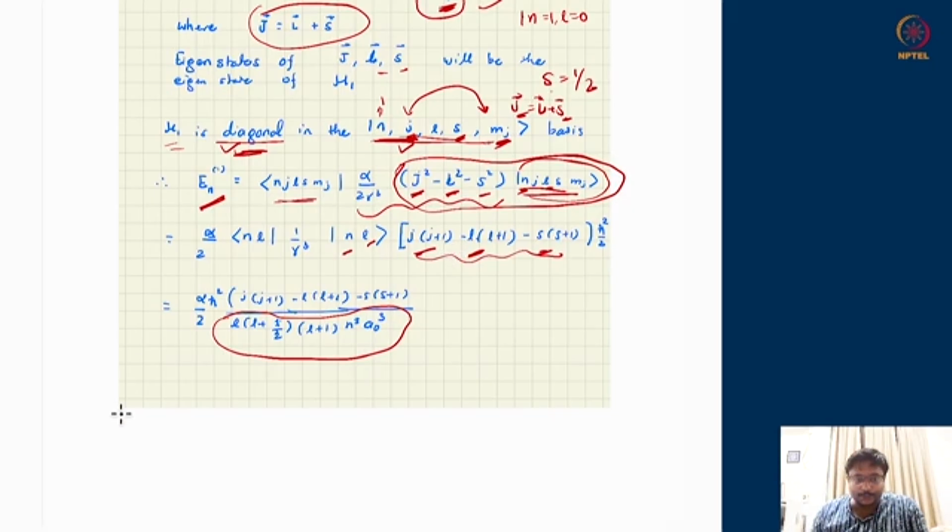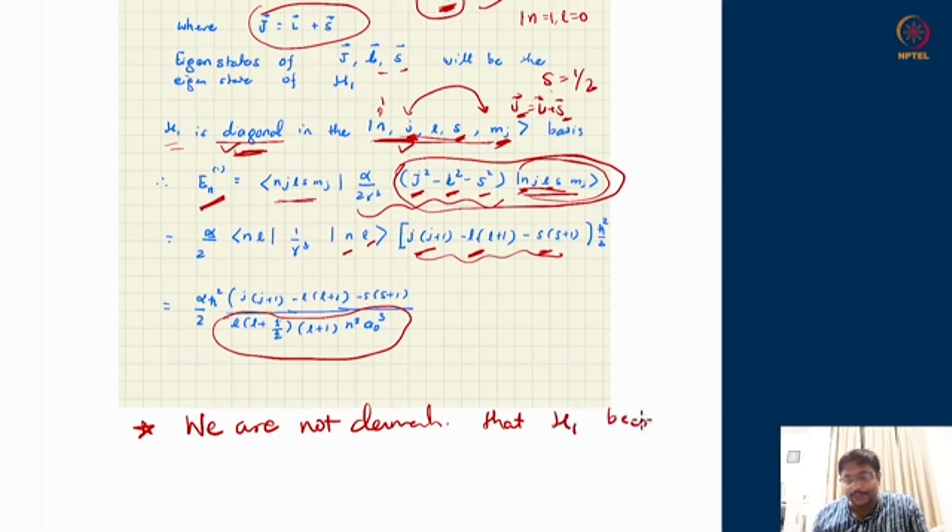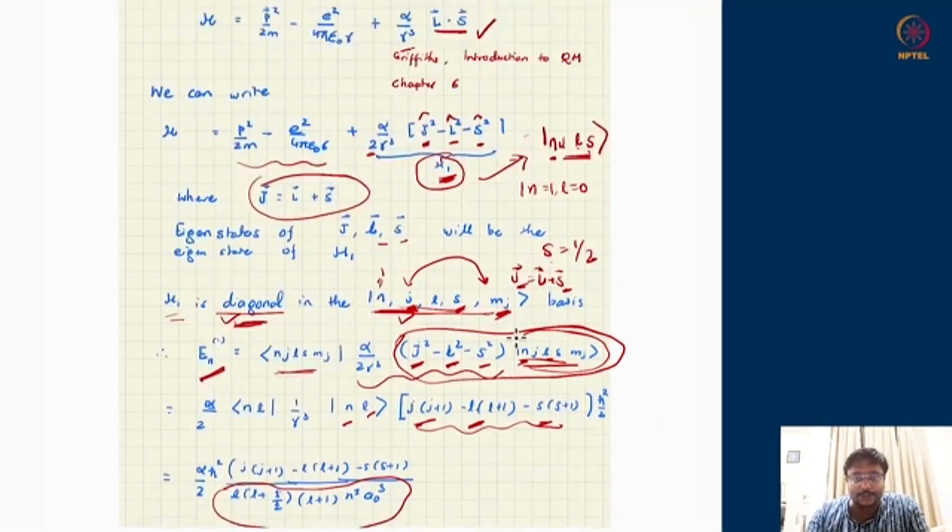Remember, a crucial point is that we are not demanding that H1 becomes completely diagonal. If it is, good and well, but if it is not, I'm not saying that we should diagonalize it completely. I'm saying we should diagonalize it in the degenerate subspace only.